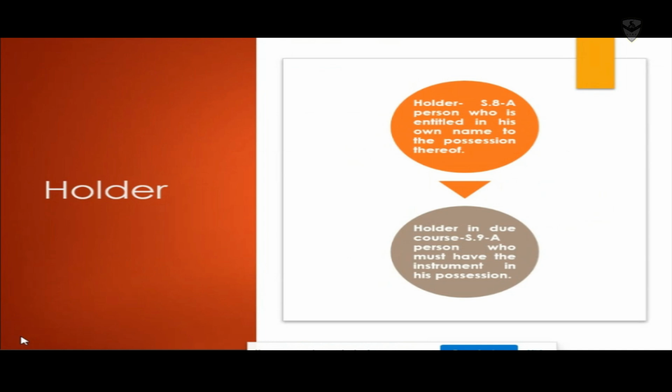Even though you are not in possession of the instrument, you are supposed to be the person entitled to it, and that is called the holder in due course. Suppose A gives a check to B, and the beneficiary is C. So B may be holding the check, but ultimately the check has to be given to C. So C is the holder in due course, even though he is not in actual, physical possession, but is a person who is entitled to receive the payment. That is called the holder in due course.